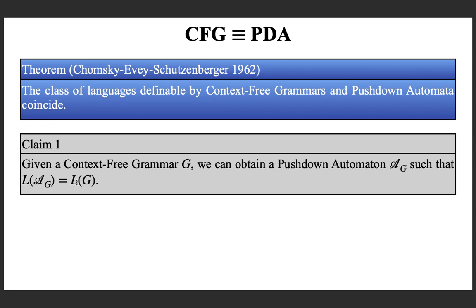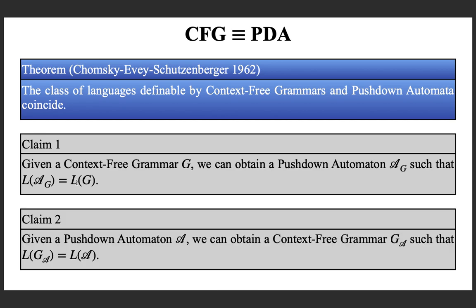So we shall discuss a procedure to construct a pushdown automaton from a given context-free grammar. Claim 2 is the other direction. Given a pushdown automaton A, we can obtain an induced context-free grammar G_A such that the obtained grammar and the given automaton represent the same language.